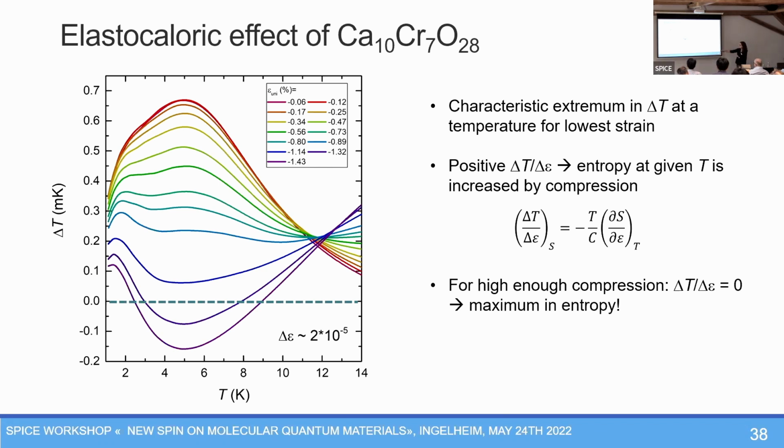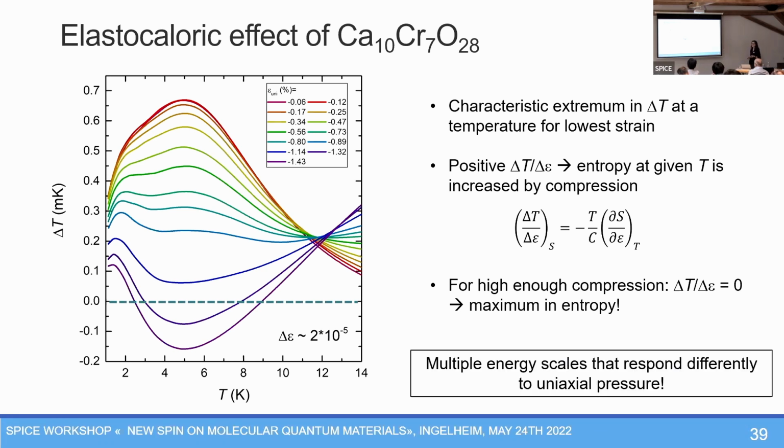On top of that, we see that this previously rather subtle kink changes into a fairly pronounced peak here. So what this tells us very clearly is that we have multiple energy scales in the system that respond differently to uniaxial pressure, giving rise to a very nonlinear change of entropy.